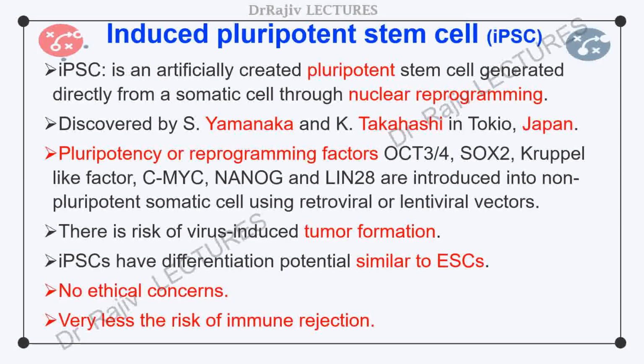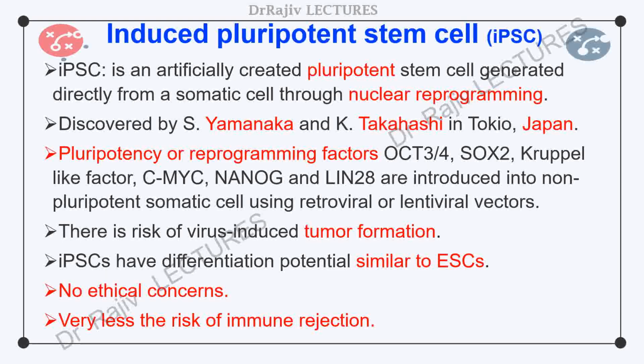To reduce the risk of tumorigenesis, non-retroviral vectors such as adenovirus and Sendai virus vectors, episomal vectors, and synthetic RNA have been used because these do not insert their own genetic material into the host cell genome. The whole process of obtaining an adequate number of induced pluripotent stem cells takes several weeks. Induced pluripotent stem cells have differentiation potential similar to embryonic stem cells.